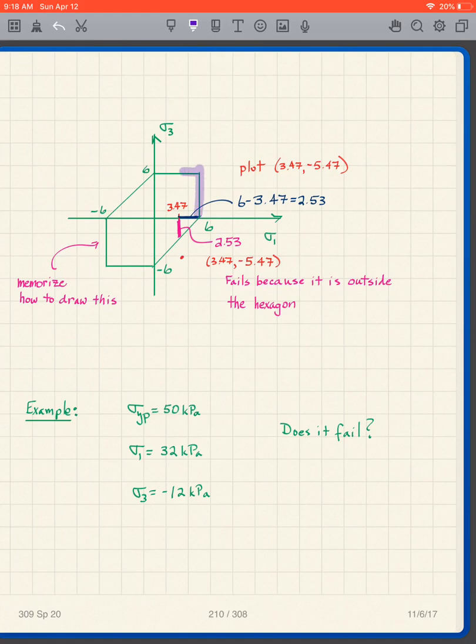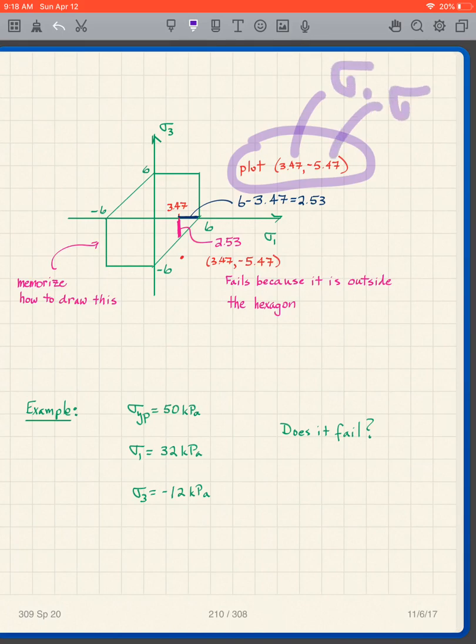Then I make a square in quadrant 1, a square in quadrant 3, and connect the two there. So my goal is to figure out whether or not my point, there's my point there, sigma 1 and sigma 3. So remember, this is sigma 1, this is sigma 3. I put a point with those coordinates onto my plot.